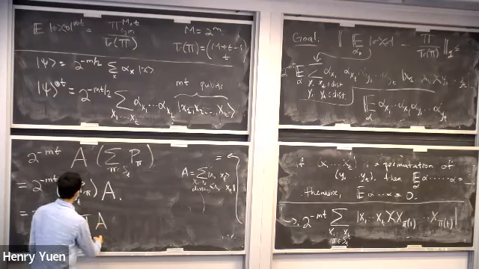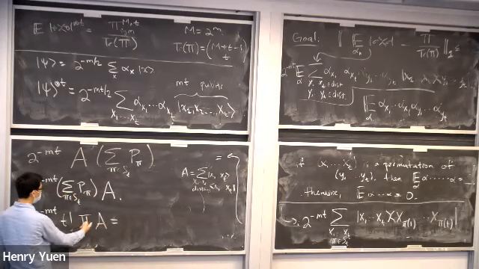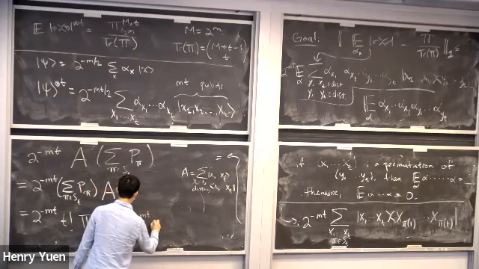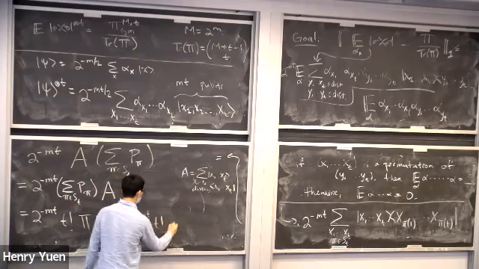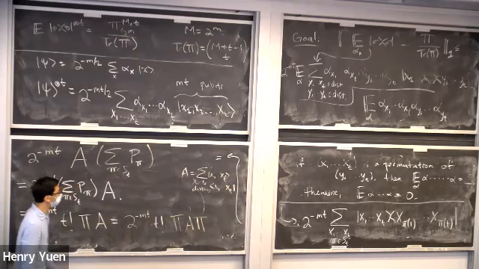So we have these 3 different ways of writing it: pi on the left, pi on the right, or pi on both sides.